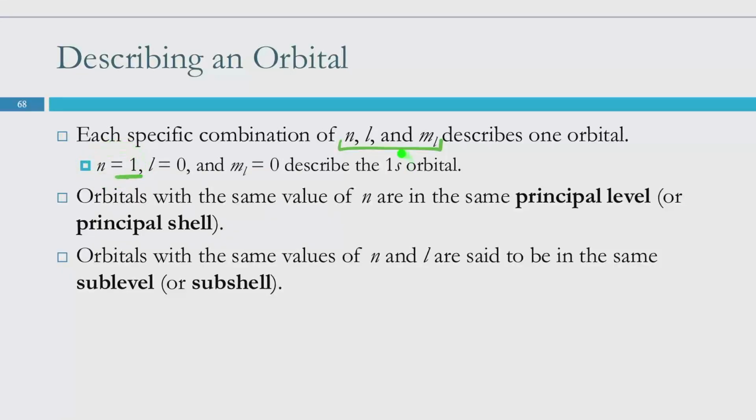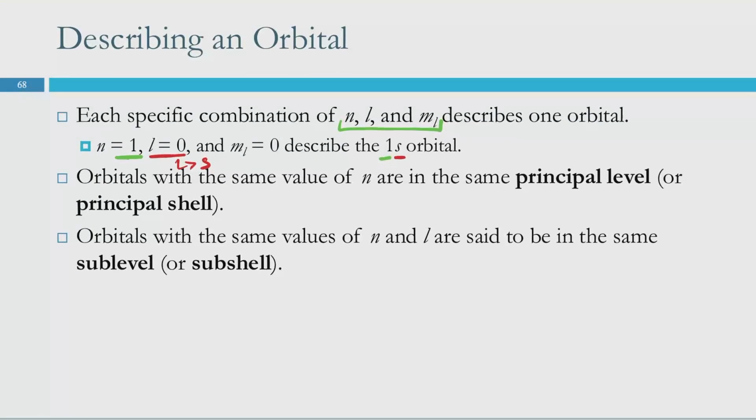So n equals 1 is the 1 in the 1s. And then our L equals 0 corresponds to the letter S, and so that's where we're getting the S from. And then the m sub L equals 0 is the specific orbital that we're talking about. So we've got principal shell, I was just calling it a shell, or principal level. Those are based on our value of n.